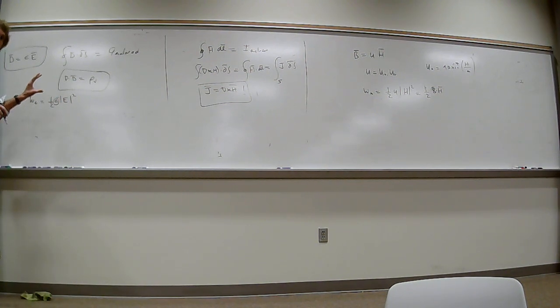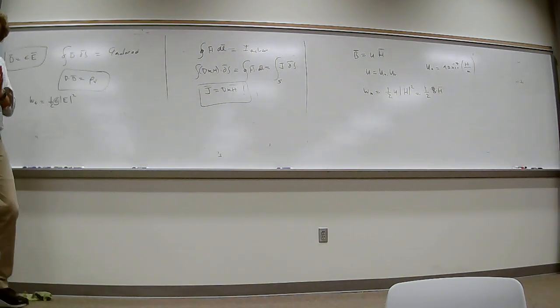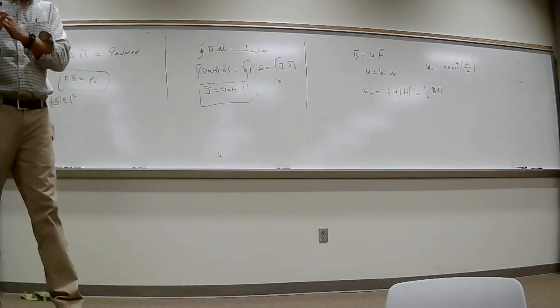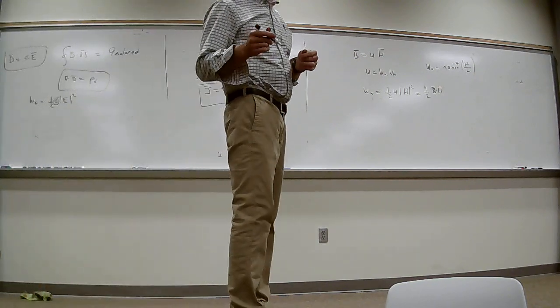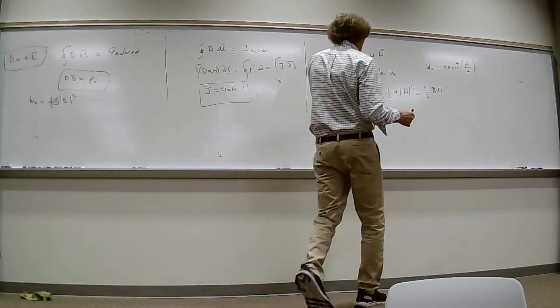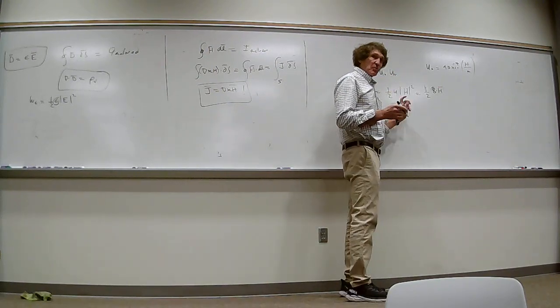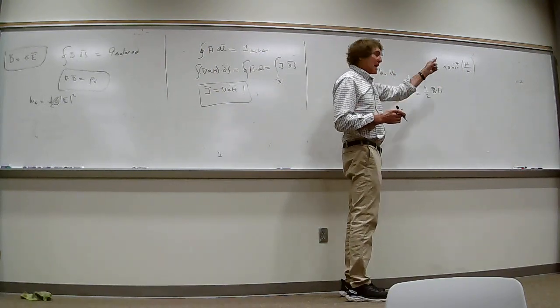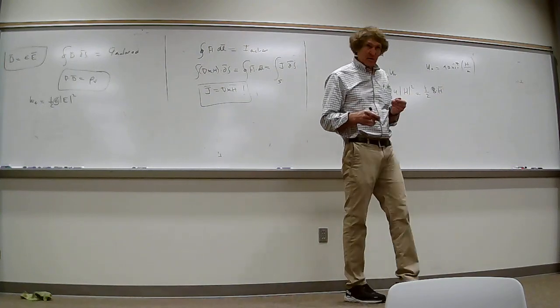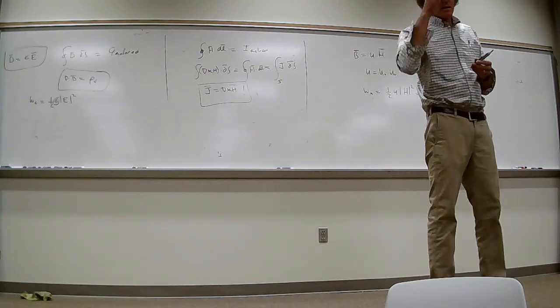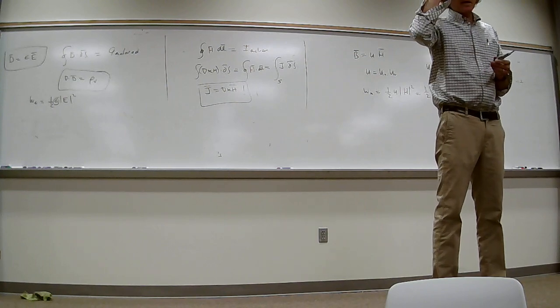Epsilon is farads per meter. If you do the math on this, what do you end up getting? Joules per meter cubed. Over here, you get joules per meter cubed too, because it's amps per meter, amps squared per meter squared, times mu, henries per meter. You're going to get a density in joules per meter cubed. Same thing, but we can talk about that later.